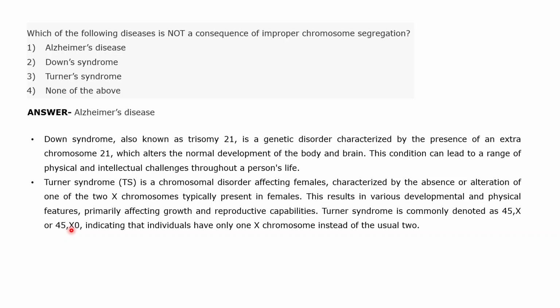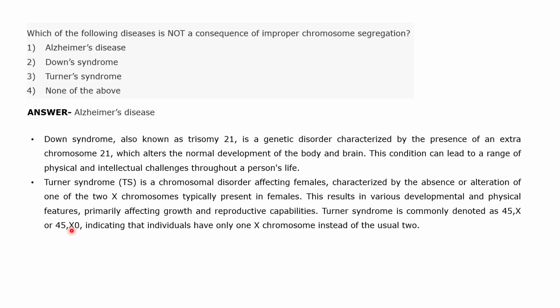So if one of the X chromosomes is missing, then it leads to the formation of what is called Turner syndrome. It is also due to non-disjunction or some other abnormality taking place within meiosis 1, where one extra copy is getting transferred into the whole cell there. So one of the cells doesn't have that particular set of chromosomes, which leads to the absence of that chromosome in meiosis 2.